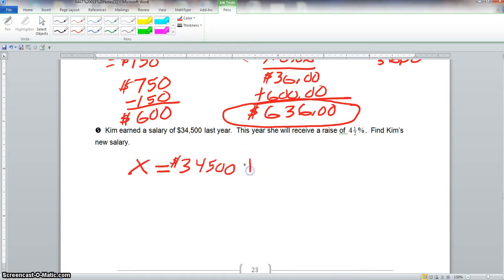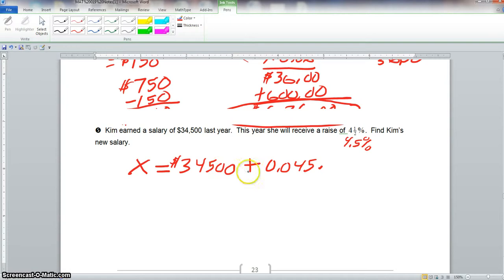Now we want to add the 4.5% increase of her salary. Now we know 4.5% is the same thing as 0.045. So we will rewrite that as a decimal, and we have 0.045 multiplied by her current salary.